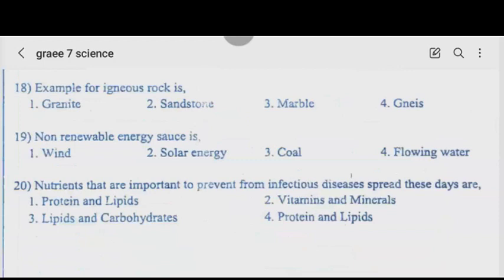So vitamins are very essential to prevent you from diseases. The proteins normally do the growth of the body. Lipids normally give the energy to you. Carbohydrates also give you energy. But vitamins and minerals are the nutrients which prevent you from infectious diseases. For the 20th question, answer number 2.